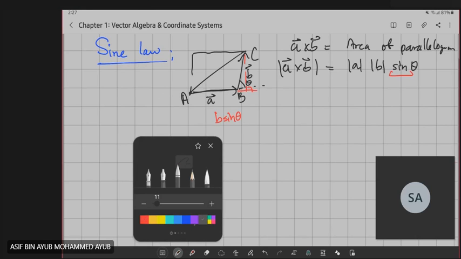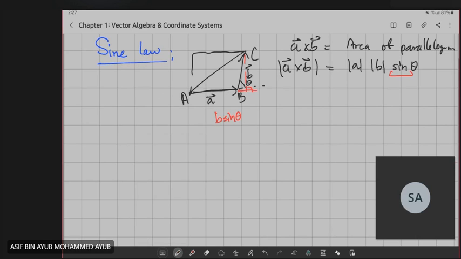So you can take the vector A as your base, you can take the vector B as your base, or you can even take the vector C as your base. So depending on what base you take, the area of the triangle, by the way, is one half of the area of the parallelogram.